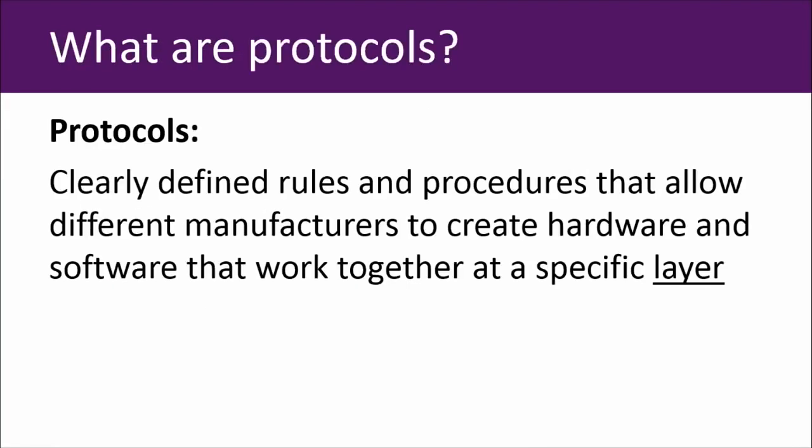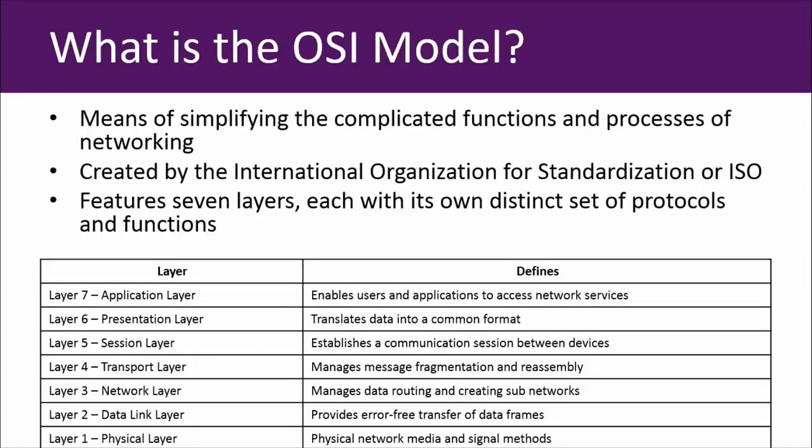So you're commonly going to hear standards referenced in the same breath as protocols, okay? Protocols and standards are a little bit different. A protocol is a clearly defined rule and procedure that allows different manufacturers to create hardware and software that work together at a specific layer. So what are layers? Well, layers make up the OSI model.